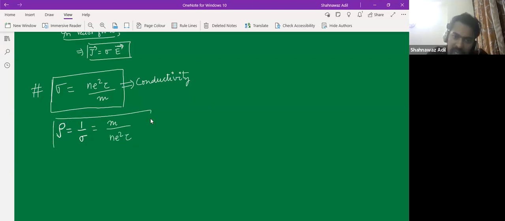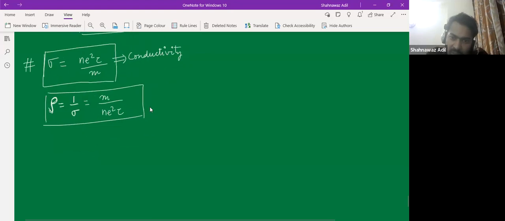So we see that this is the nature of the material, and this rho depends upon what? This depends upon the mass of the electron, that is fixed. This is dependent upon the number density, right?